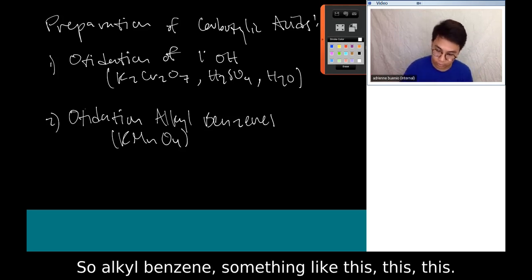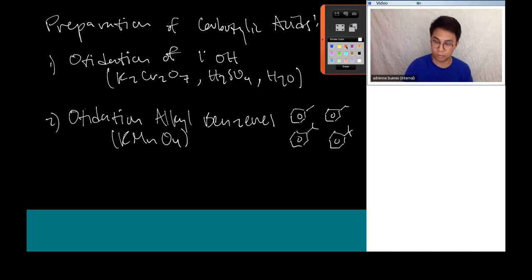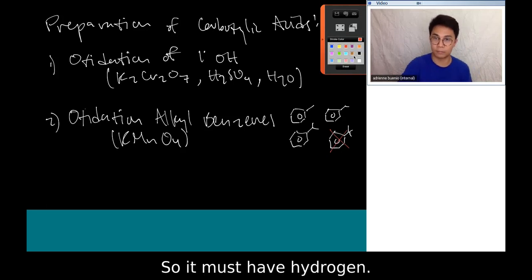So alkylbenzene, something like this, this, all of these have hydrogens, but this one doesn't have a hydrogen here, right? So this is a no-no. So it must have hydrogen.